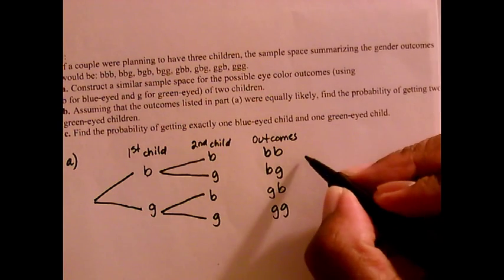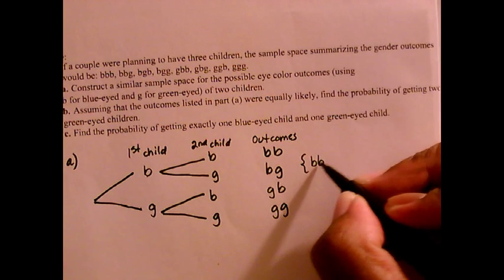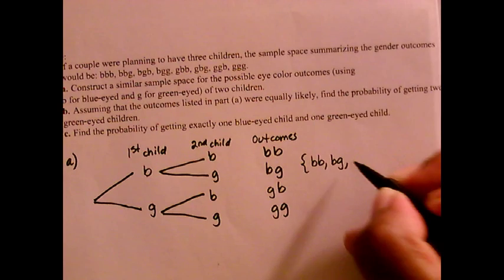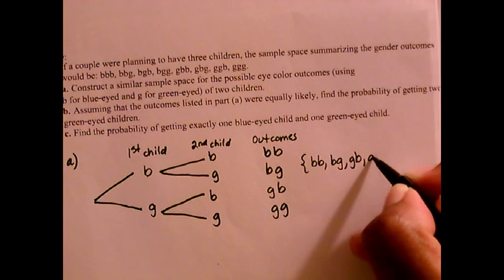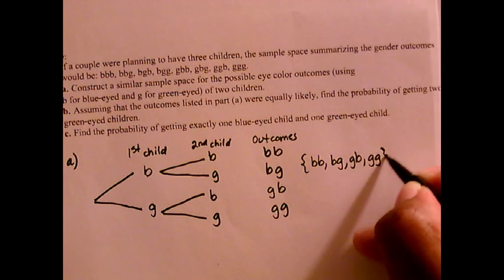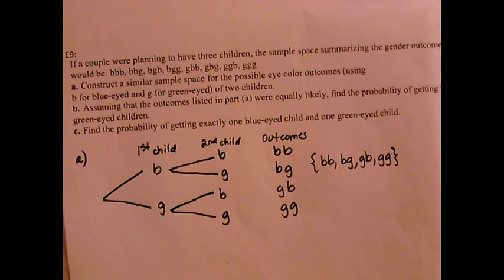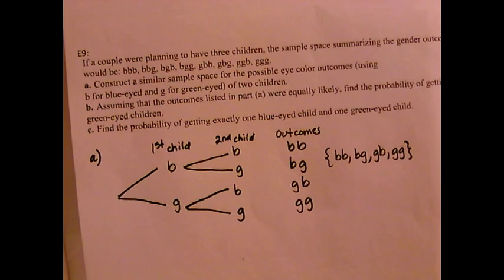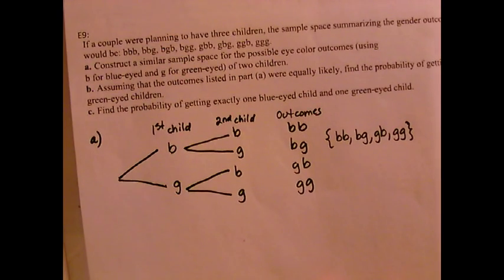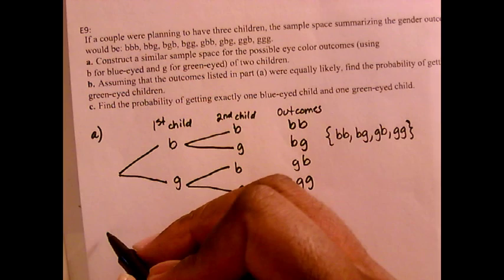So that sample space would just be this: BB, BG, GB, and GG. Okay, so that's the sample space here. Now, we're going to use that to answer part B.